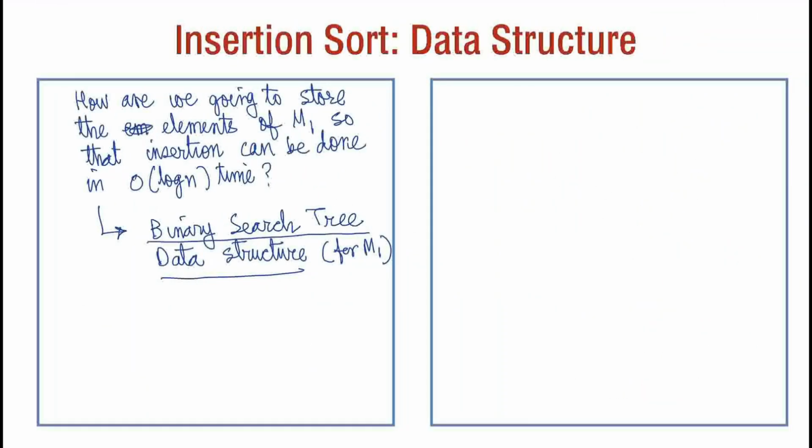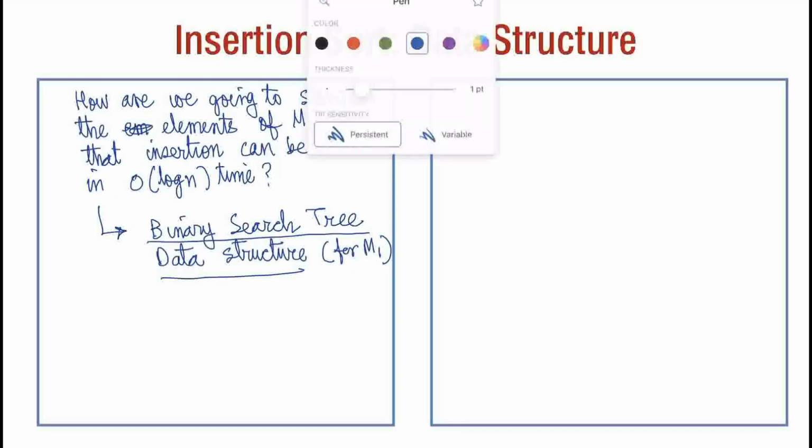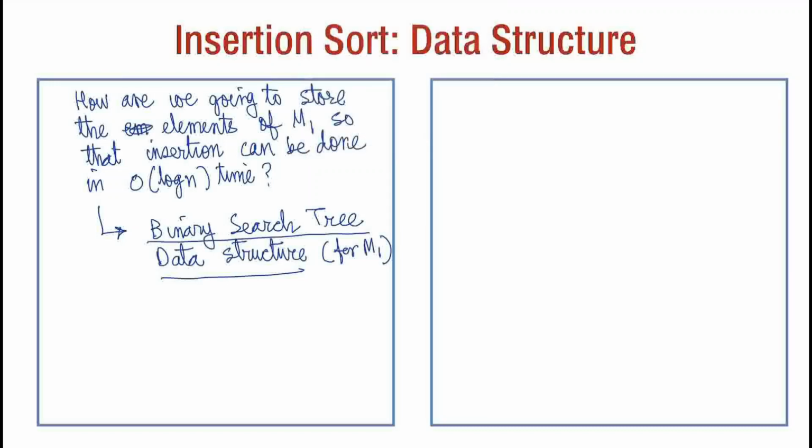So if we come to what we are trying to do here, what we will see is the following. Suppose my initial L was 7, 1, 8, 3, 2, and suppose we have removed 7 as our first element, and we recursively call it on 1, 8, 3, 2.